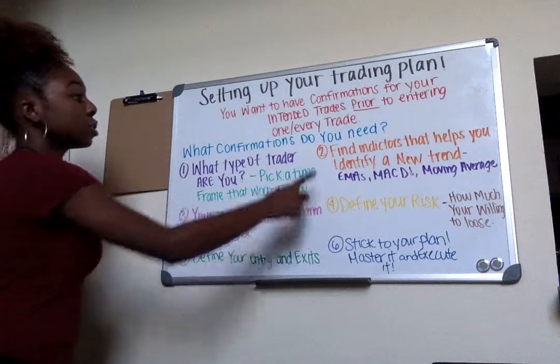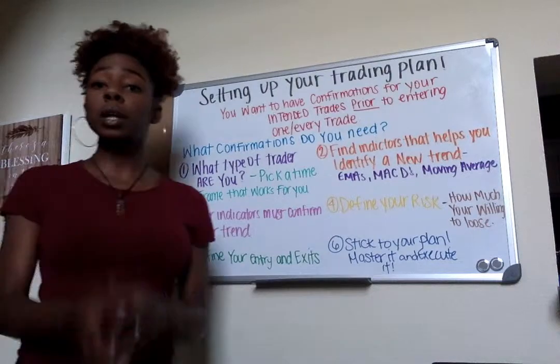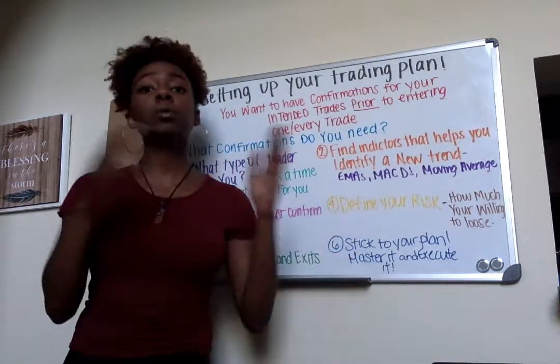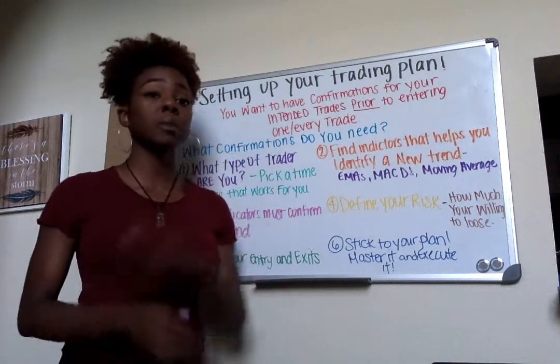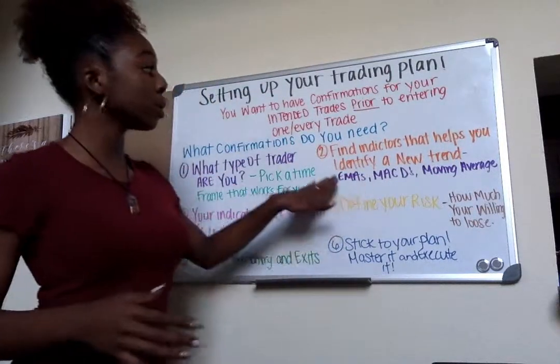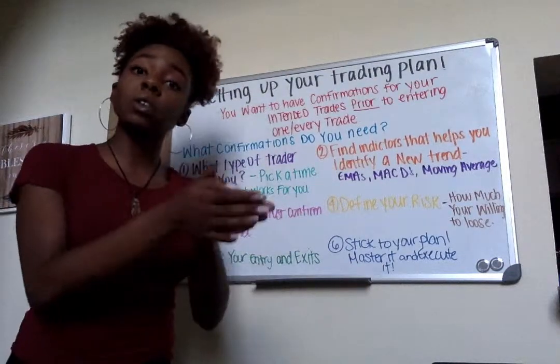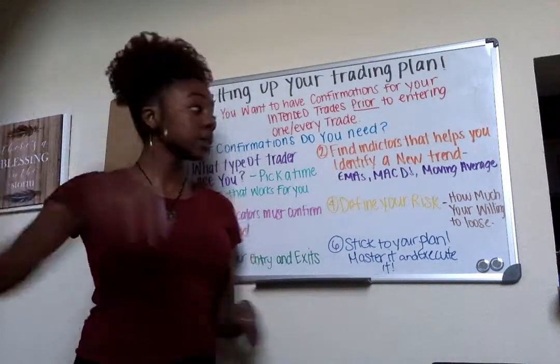A second confirmation is that you need to find indicators that help you identify a new trend. So when you enter the market after it's been closed or if it's been going for a long time and you notice that there's different fluctuations in the market, you need to figure out which trend you would like to get in on the trade for maximized profits.